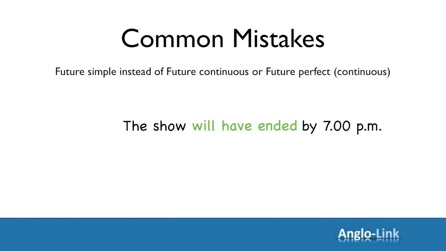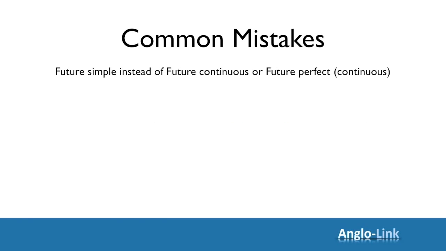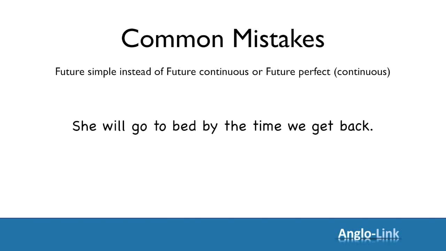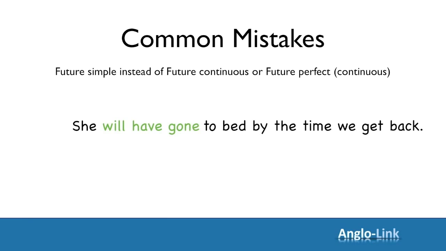The show will have ended by 7 p.m. Next example. She will go to bed by the time we get back. Once again, an action completed in the future before another action. So, let's change the future simple to future perfect. She will have gone to bed by the time we get back.